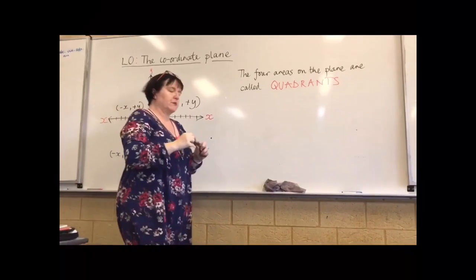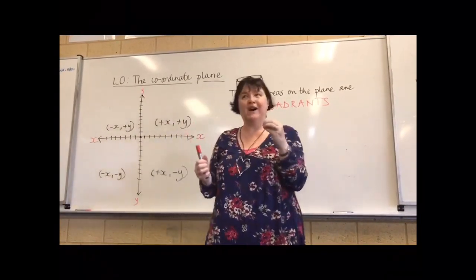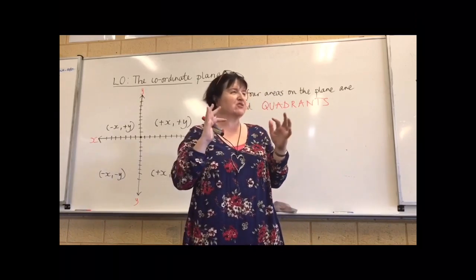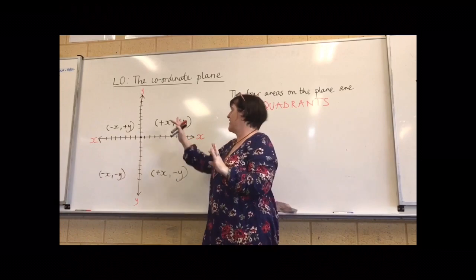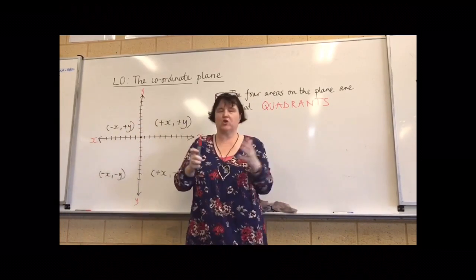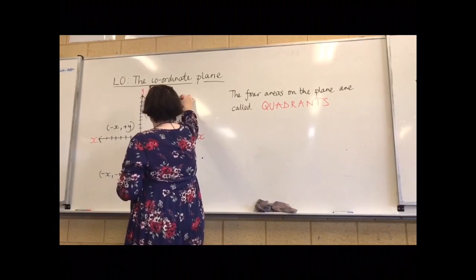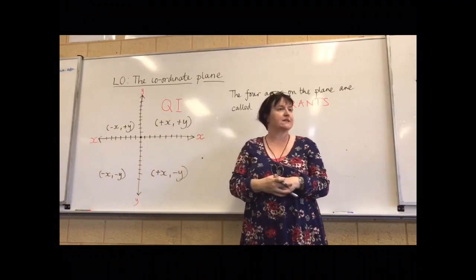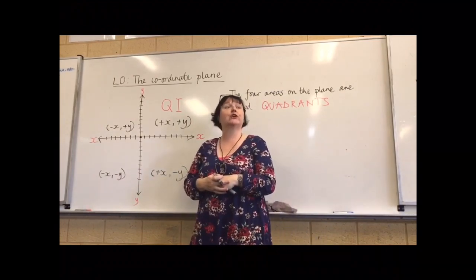Now, the quadrants all have a number, but it's a little bit counterintuitive the way that they're numbered, because wouldn't you think that they'd be numbered clockwise? You would, but they're not. So this one here is quadrant 1, so I want you to label that. Now where is quadrant 2?